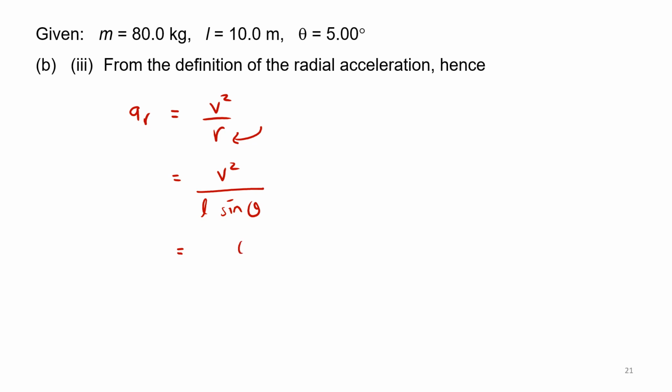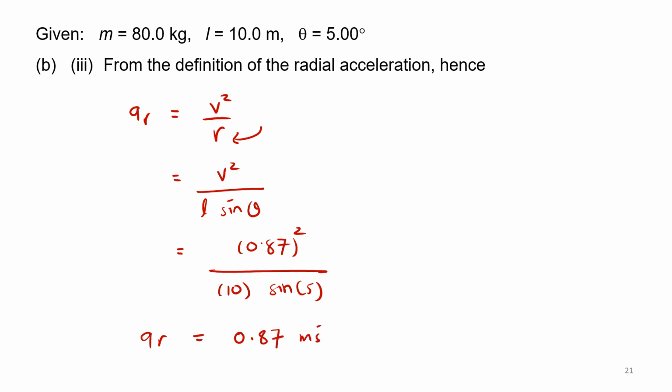So V is 0.87 square divided by the length, which is 10 sine 5, and finally we will get the answer of the radial acceleration, which is 0.87 meter per second square, and the direction is toward the center of the horizontal circle.